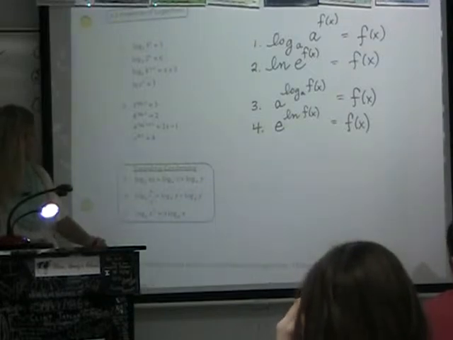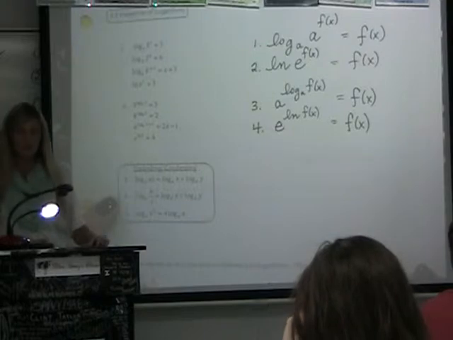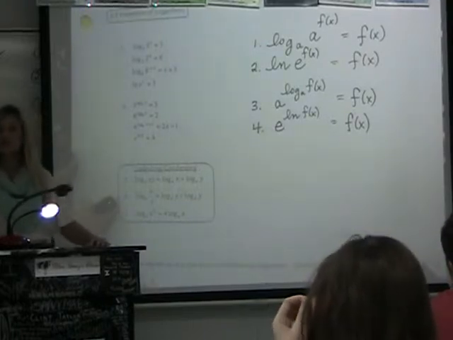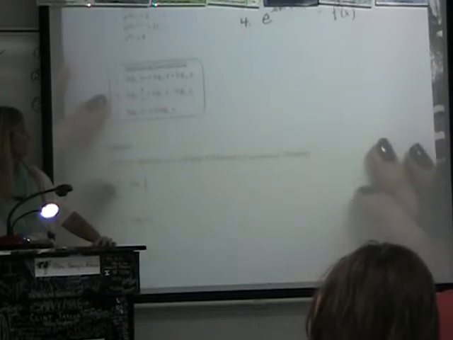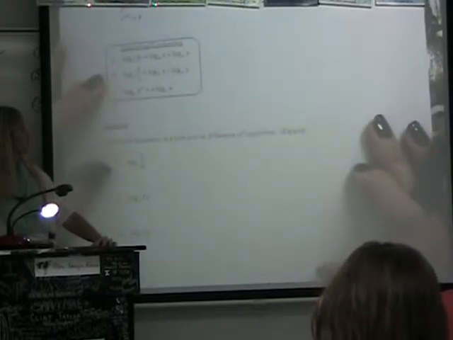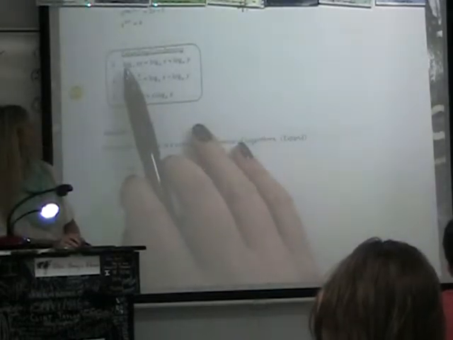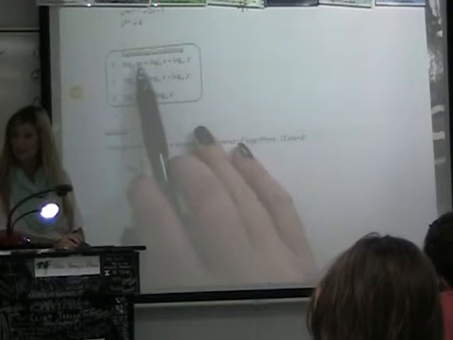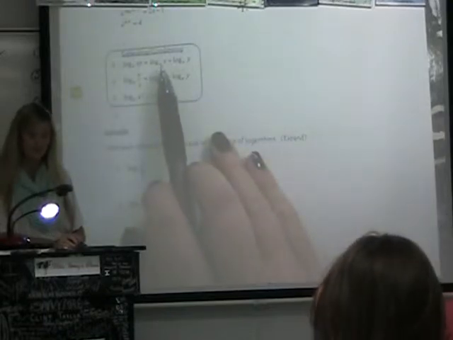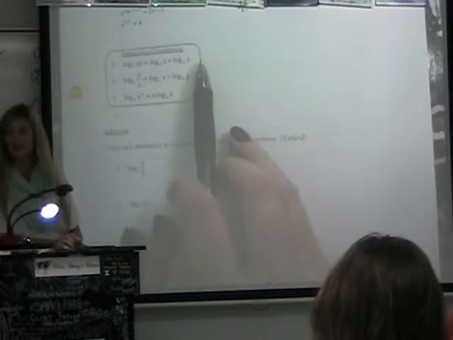And then there are 3 properties here in the middle of the page that I've circled. Those are the properties that we're really going to focus in on today, expanding and condensing. So if you look at the first one, it says if you take log base A of a product, meaning 2 things being multiplied together, you can expand that to be log base A of x plus log base A of y.